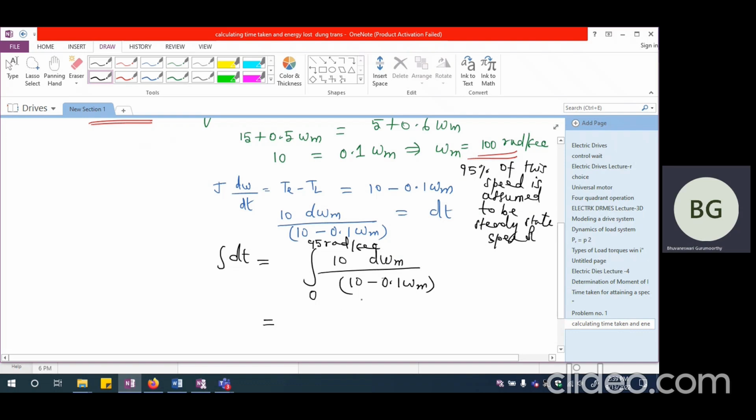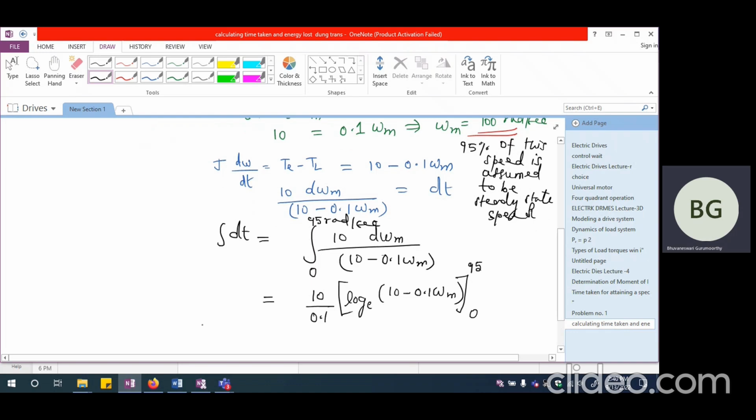So I should be able to write this as 10 divided by 0.1, which is 100, multiplied by log base e of 10 minus 0.1 omega m. And the limits I have to substitute are from 0 until 95 radians per second.